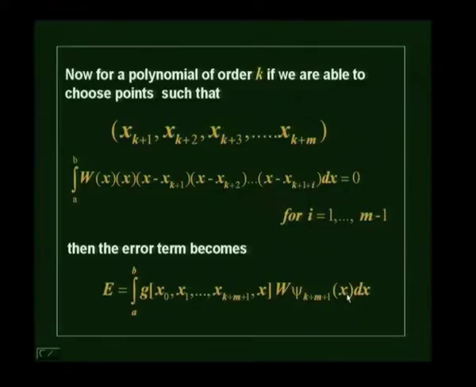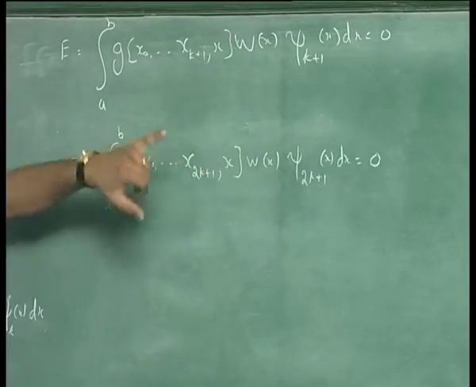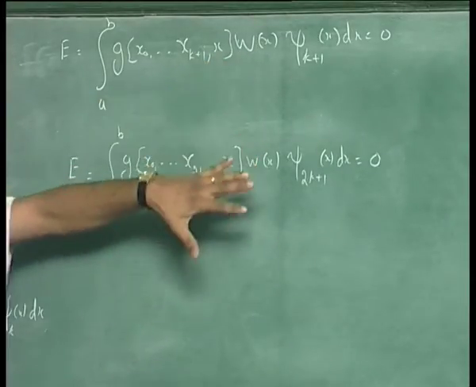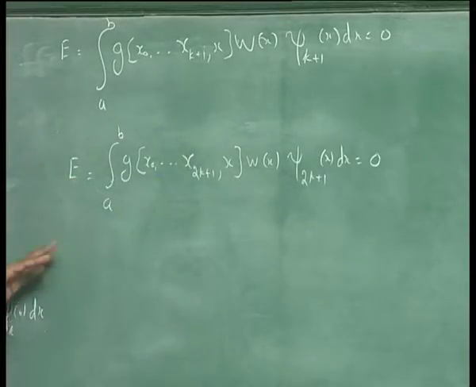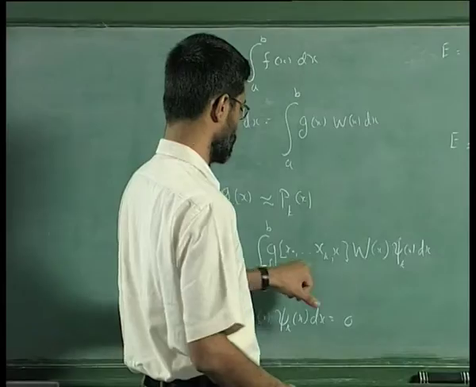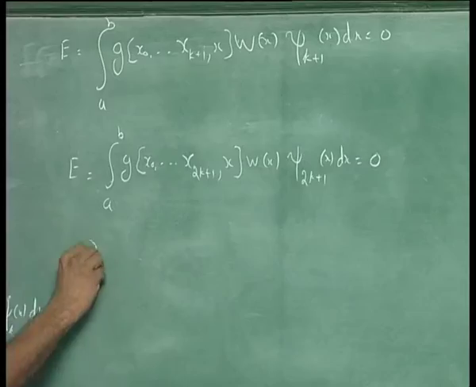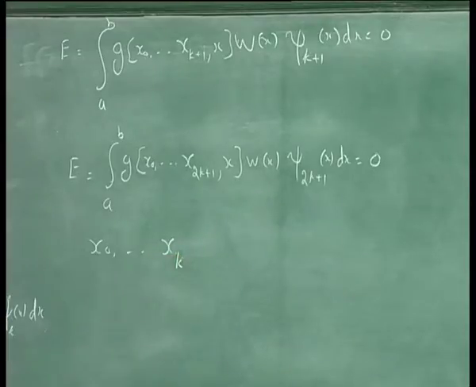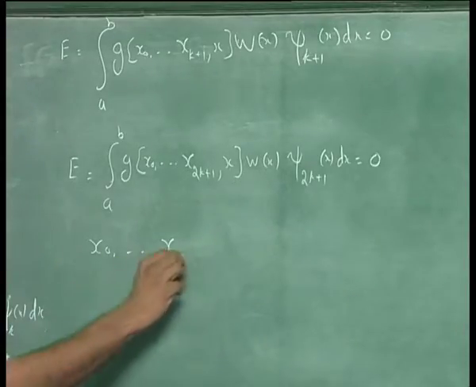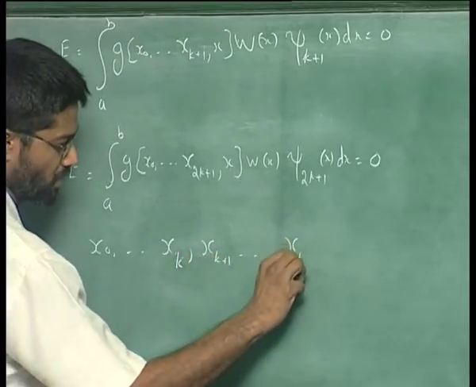So, if we choose a k plus 1 term, another term here such that this is 0, and so we went to this and then we choose the next point, etc. So, if you are able to choose m such points apart from x0 to xk, we choose another m points. So, we have two sets now. First we had x0 to xk which we use to construct the polynomial of order k, and then we have another m points which is x_{k+1} all the way to x_{k+m}.